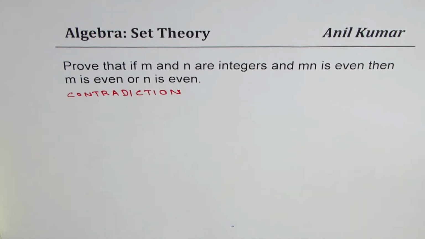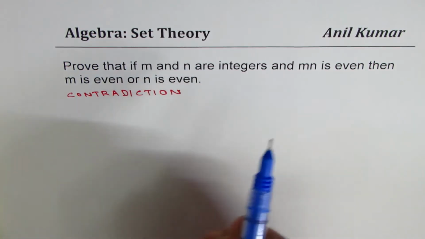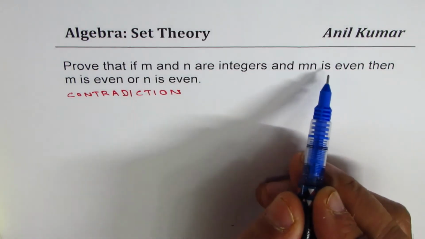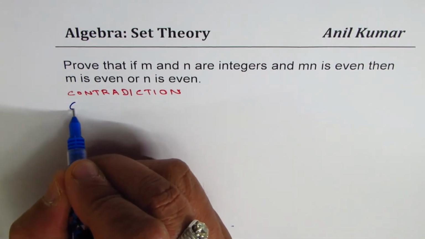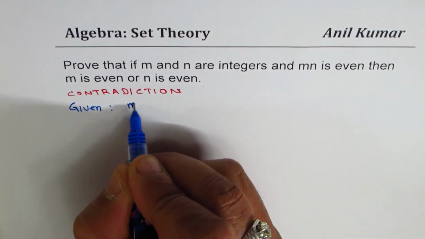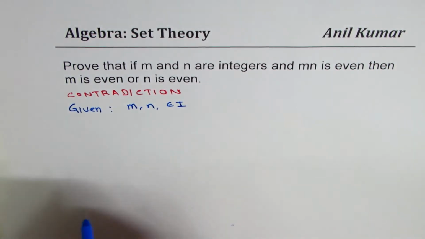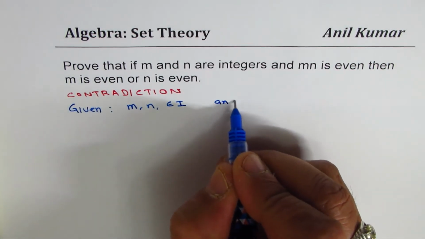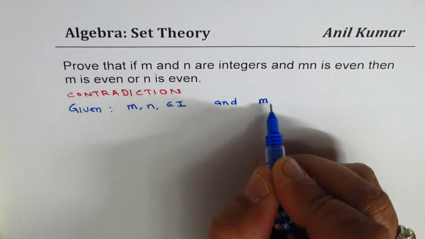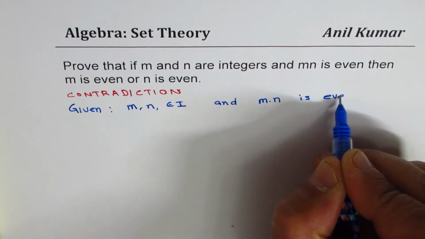Let's try to understand the question. We are saying that m and n are integers and their product is even. So what is given is m and n belong to integers and m times n, their product, is even, right?